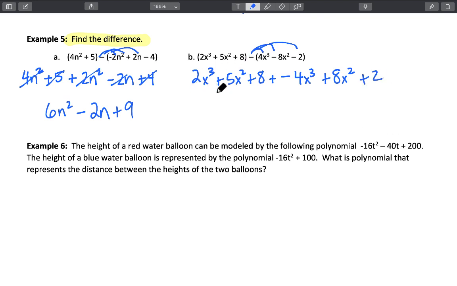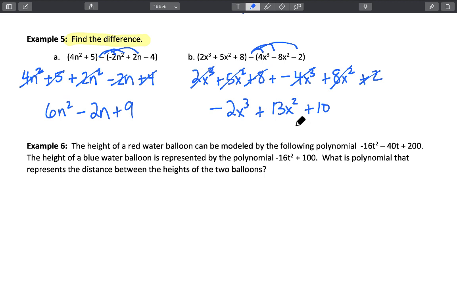Okay, combining like terms, we have a positive 2x cubed and a negative 4x cubed. That results in negative 2x cubed. A 5x squared and an 8x squared is positive 13x squared. A positive 8 and a positive 2 is positive 10. And that's our constant term. And there is the difference of those 2 polynomials.